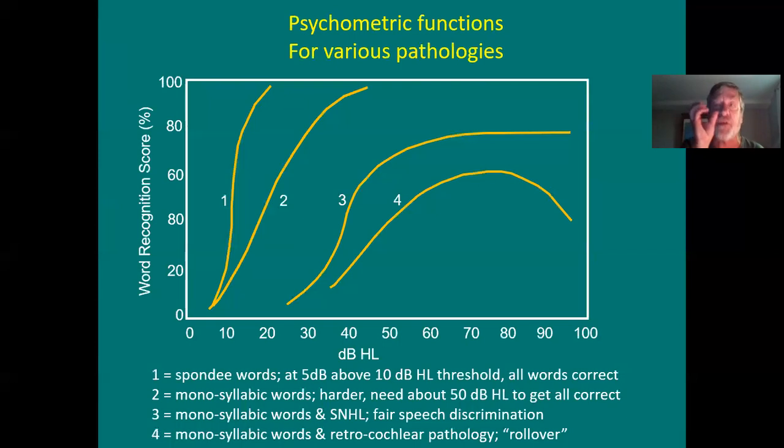It's the hair cells themselves that are damaged. And that is why one of the keynote features of sensory neural loss is that word recognition with monosyllabic words, single syllable words, never really gets to be 100%, because the hair cells are damaged there.